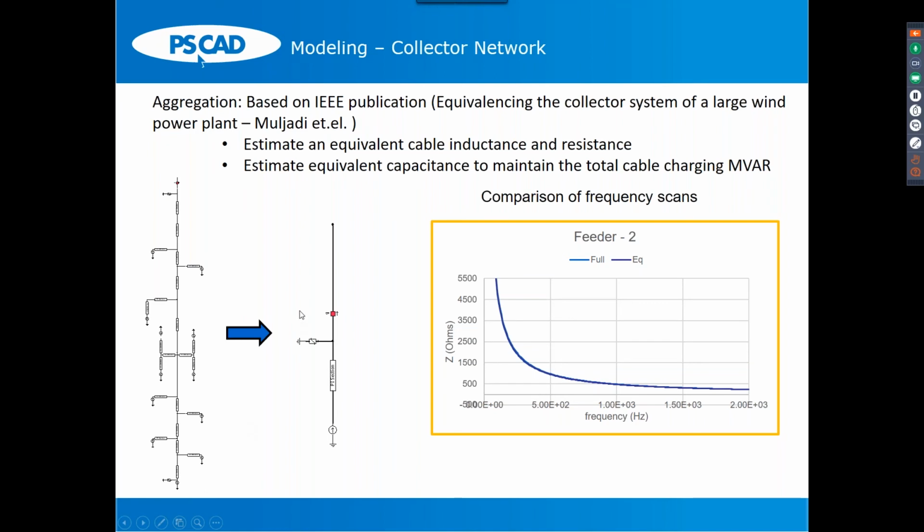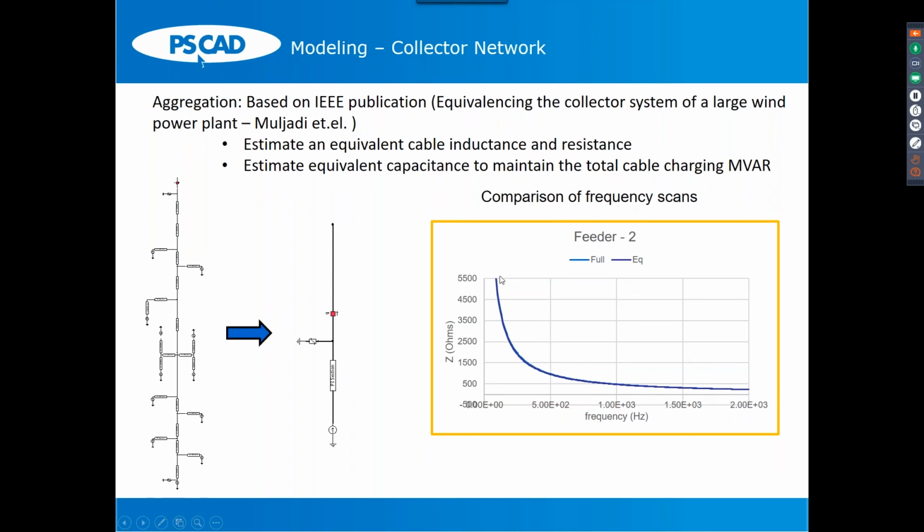And then you can also check the harmonic impedance looking into the full network and into the aggregate network. If you do this right, the harmonic impedance would also be very comparable over a wide frequency range.